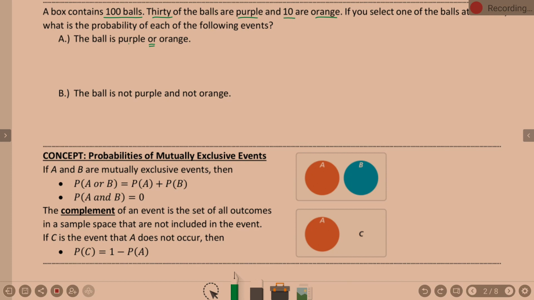The ball being purple. What's the probability the ball is purple? 30 were purple out of 100. Plus, what's the probability the ball was orange? 10 orange out of 100. 30 out of 100 plus 10 out of 100 is going to be 40 out of 100.